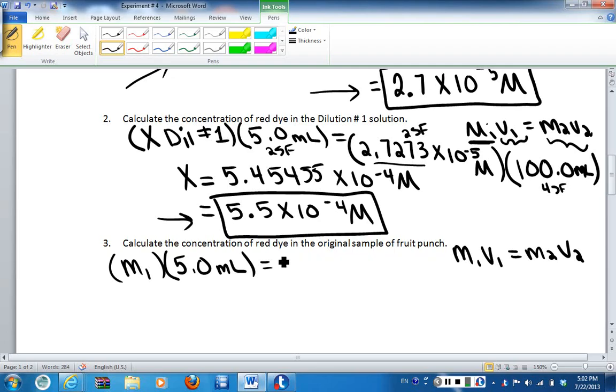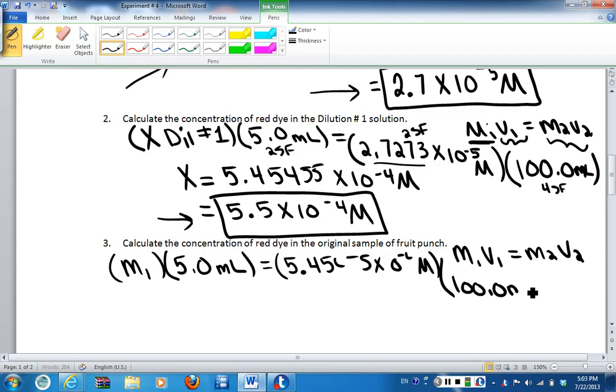And we figured out that the concentration of dilution number 1, and remember, we have to use the whole entire number, is 5.45455 times 10 to the minus 4 molar, and that was 100 milliliters.